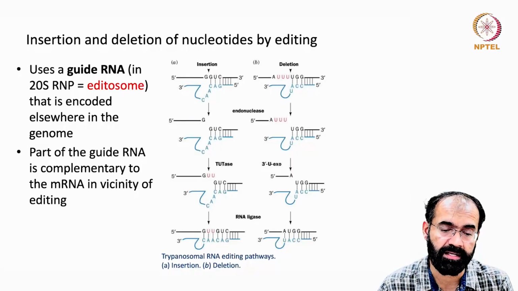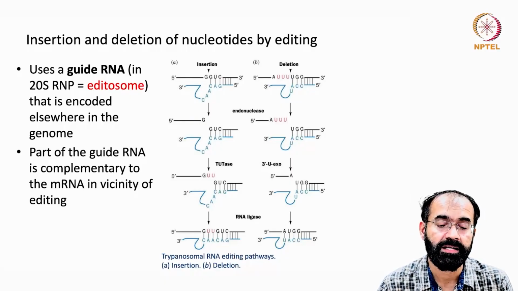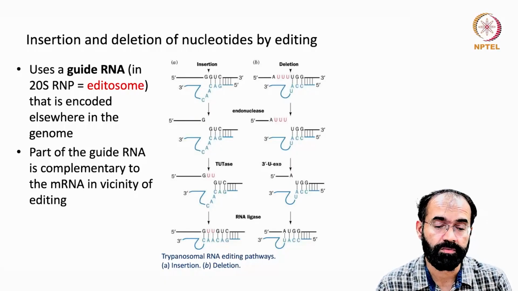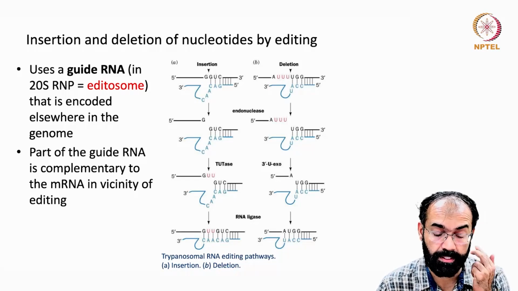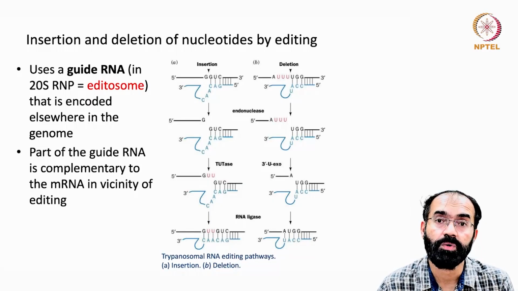Now this cut nucleic acid becomes a substrate for TUTase, terminal UTP transferase, which adds 2 U's only, just 2 U, not many. G and G was there, it was cut in between, and in between you have 2 U's. So GG became GUUG.